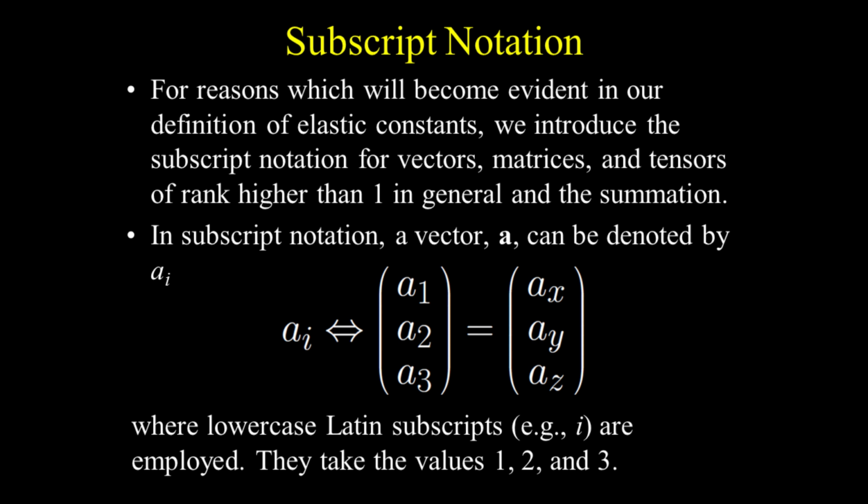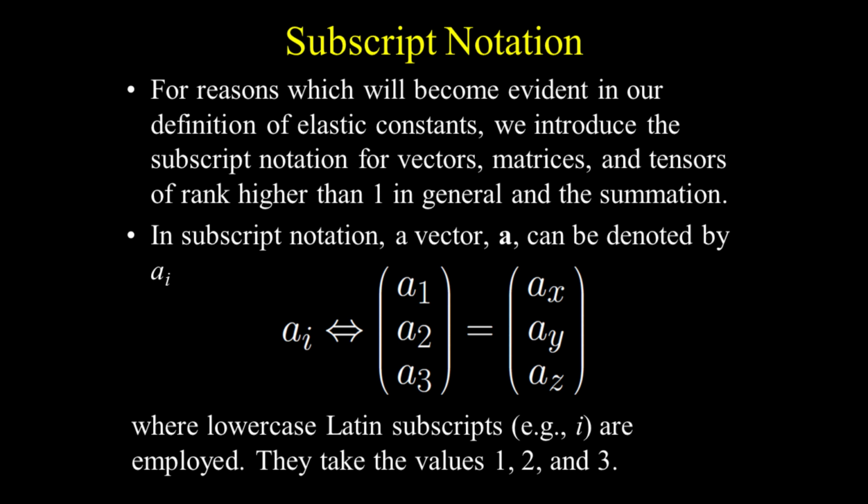For reasons which will become evident in our definition of elastic constants, we introduce the subscript notation for vectors and tensors, and the summation. In subscript notation, a vector A can be denoted by A_i. That is as follows.